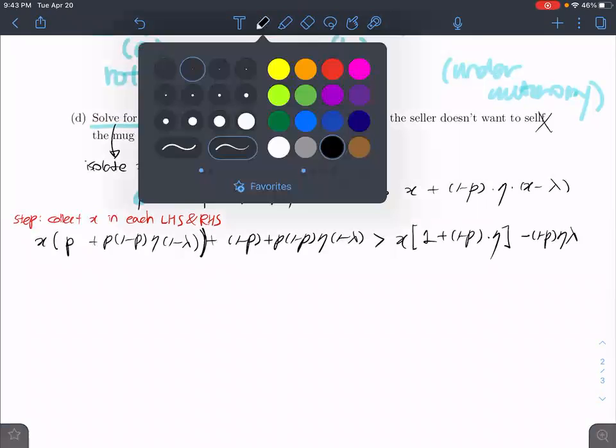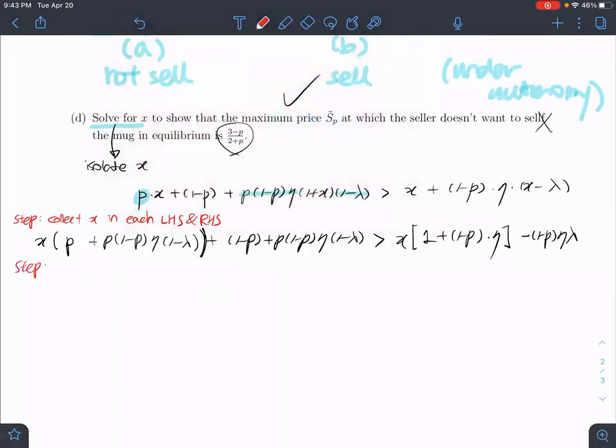So this step: every term related to x to the RHS, remaining terms to the left-hand side.